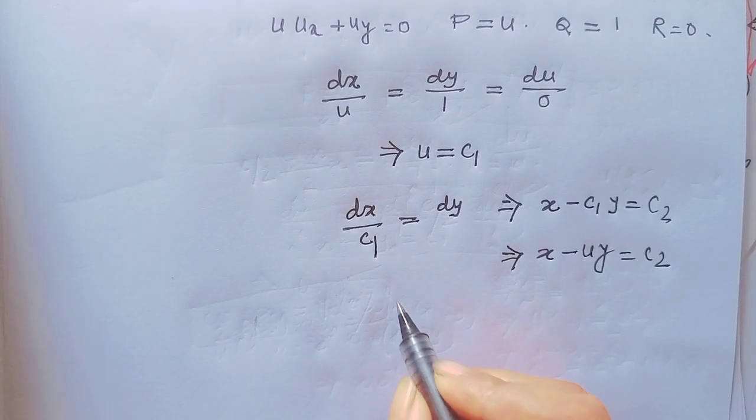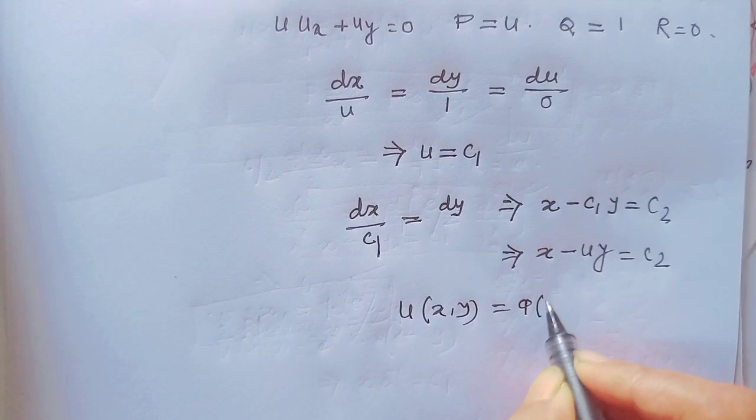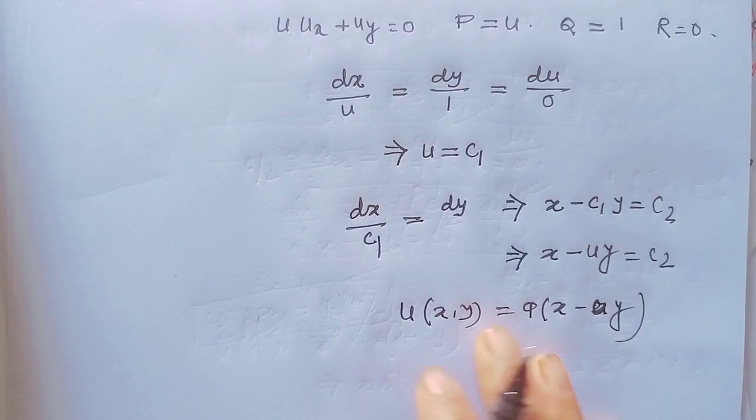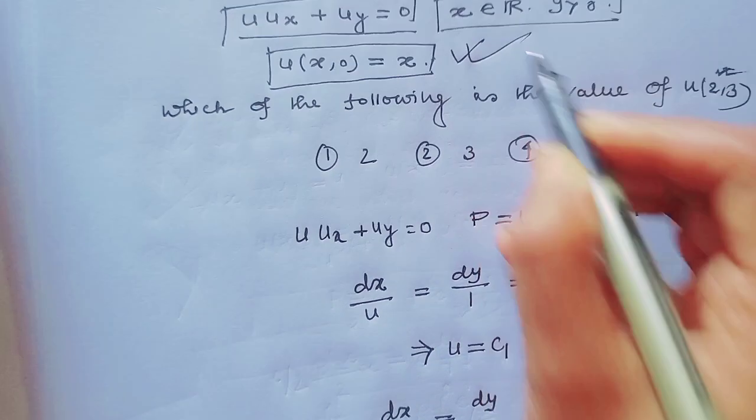So u(x,y) equal to phi of x minus u y. And here the given initial condition, u(x,0) equal to x.